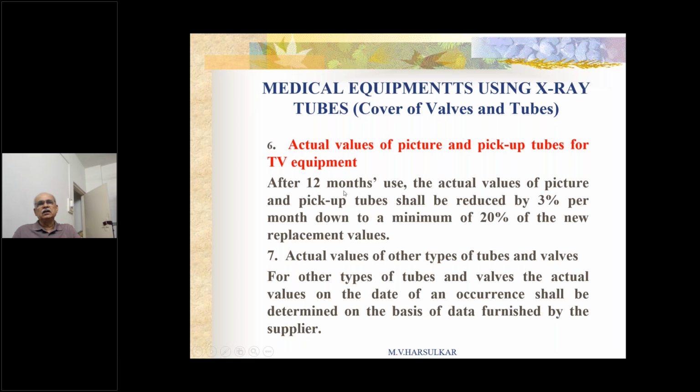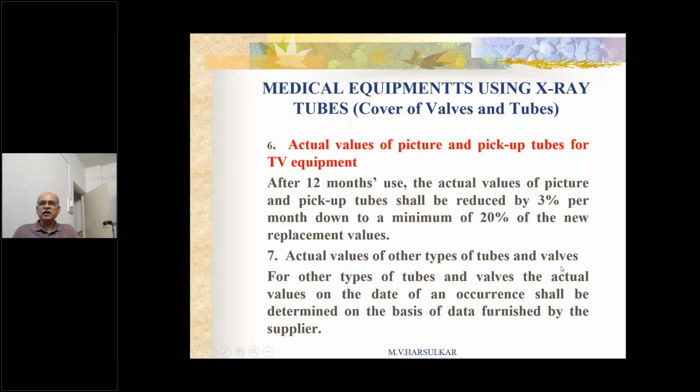So after 12 months, 7 months if you add, that is 19 months, it will be up to 19 months 20%, 12 months to 19. After that, again 3%. So if you say 33 months, after 33 months that will be 100% depreciation.